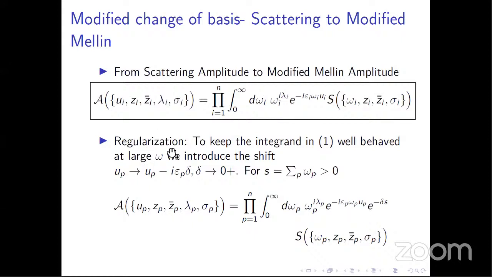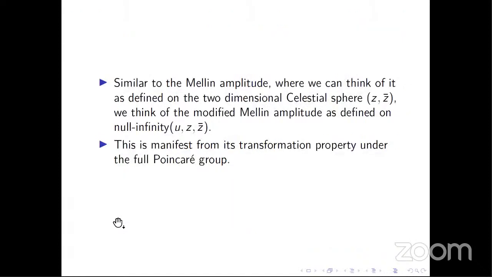This exponential factor also helps with the regularization, and with this shift we can keep the integrand with respect to omega well behaved for large values of omega. So this is the regularization term, e to the power minus delta s.